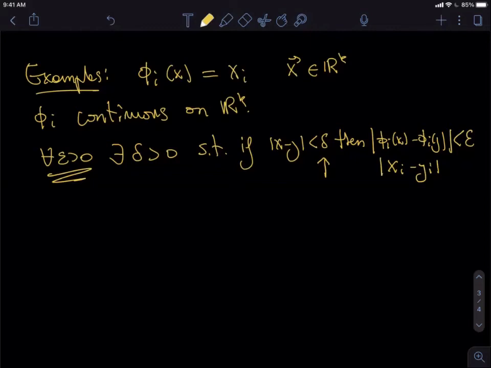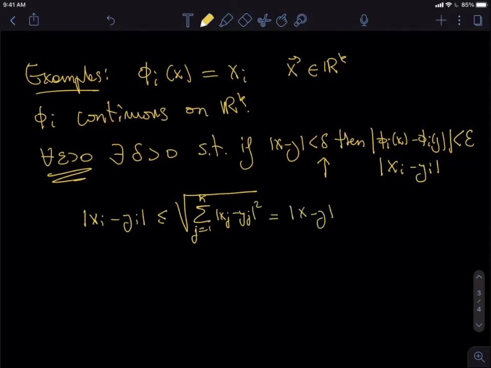Here notice something very nice. The absolute value of x_i minus y_i is less or equal than the square root of the sum from 1 to k of (x_j minus y_j) squared, which is the norm of x minus y.